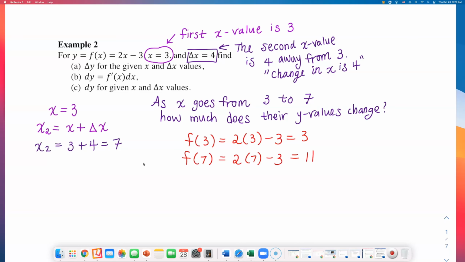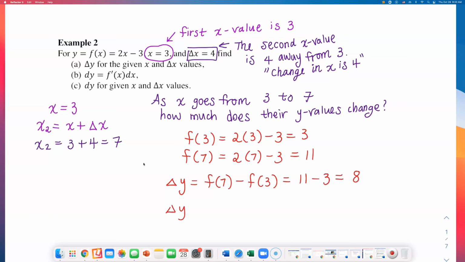So what is change in y? Well, change in y is f of 7 minus f of 3. It went from 3 to 11, so that change is going to be 8. So, first question, delta y is 8.